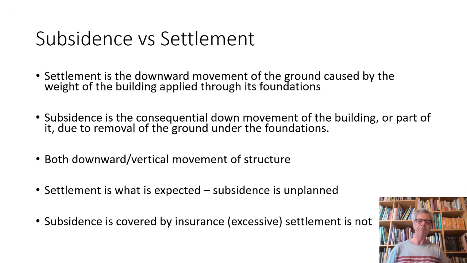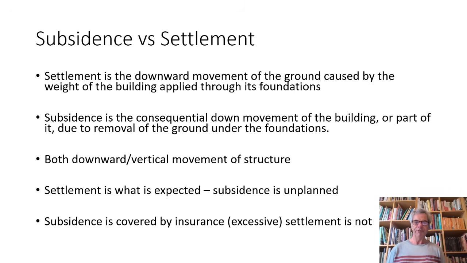So the third point is they're both vertical movement of the structure, as I said. But you get problems because generally with subsidence, you get just part settlement of the foundations, whereas the other part of the foundations don't move. So another way of looking at it is to say that settlement is what I expected and subsidence is unplanned.